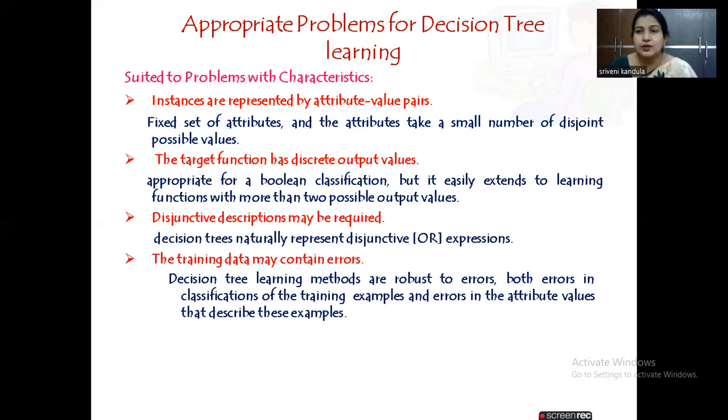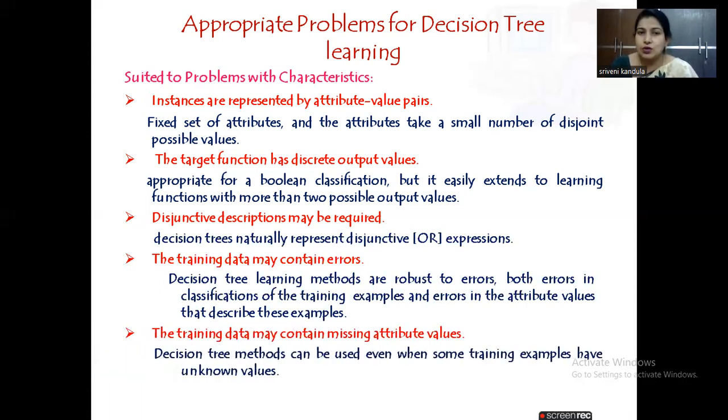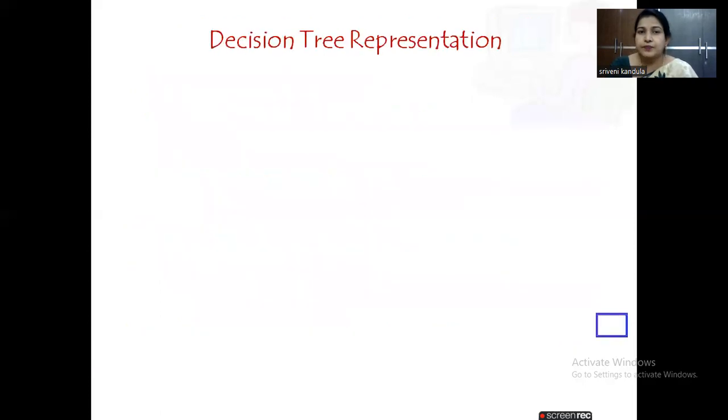The error could be either one or both, but still the decision tree is robust to errors. And the training data might contain some missing attribute values as well. Even if the value is absent, our decision tree learning is going to work appropriately.